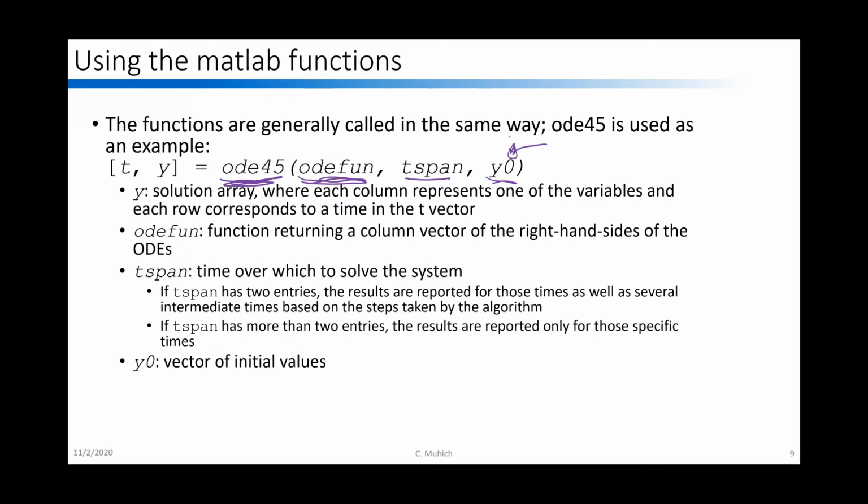Okay, so lastly, one last thing within tspan. If we give only two values, say 0 and 45, MATLAB will solve from 0 to t equals 45. But if I have more than two entries, let's say I have a big long vector, it's going to solve over 0 to say 45, but it will only report at the given values of interest.